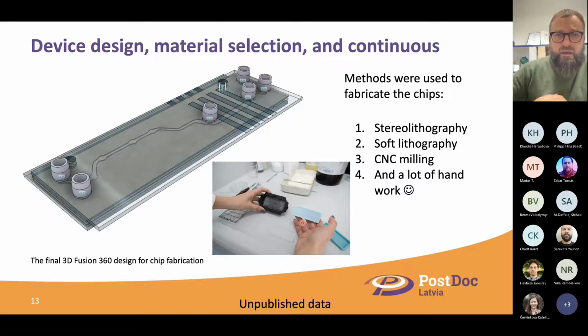In my design, it looks quite simple, but we have 3 main techniques, starting from stereolithography, soft lithography, and CNC milling.